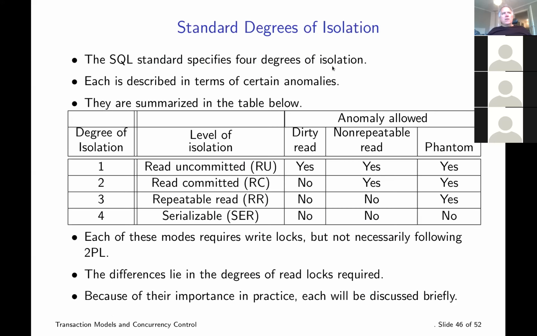Maybe what I'll do is go over some of these isolation levels, the ones that are going to be important, the ones I want us to really look at: read uncommitted, read committed, and then serializable. Those are the ones we're going to look at right now.